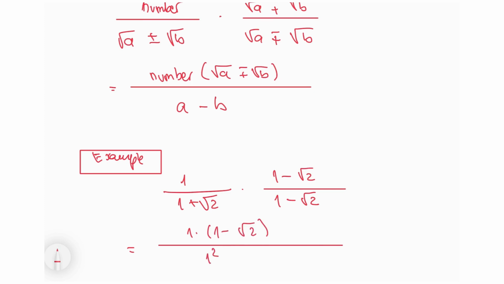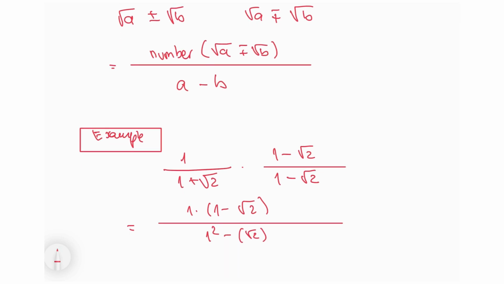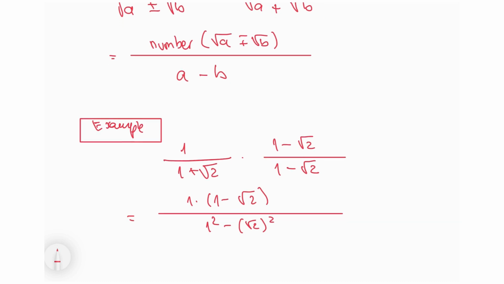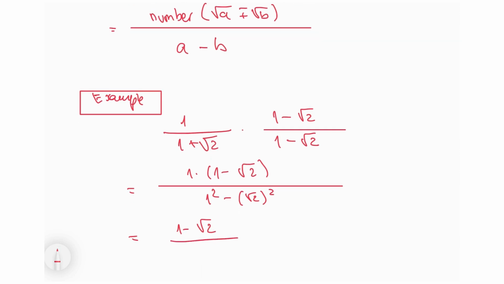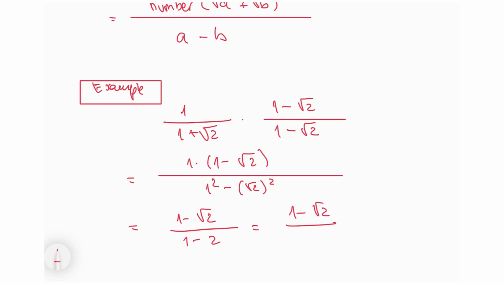And here will be 1 squared minus square root 2 squared, and that is 1 minus square root 2 over 1 minus 2. So that is 1 minus square root 2 over minus 1.